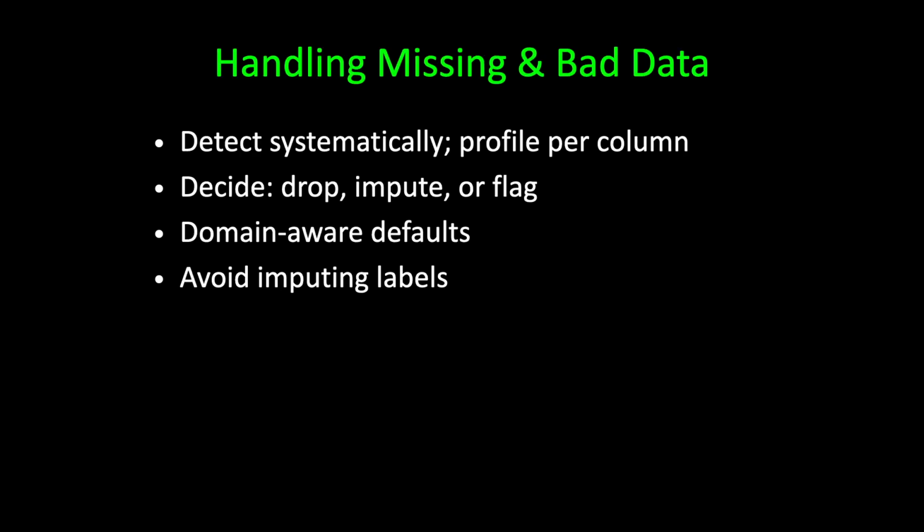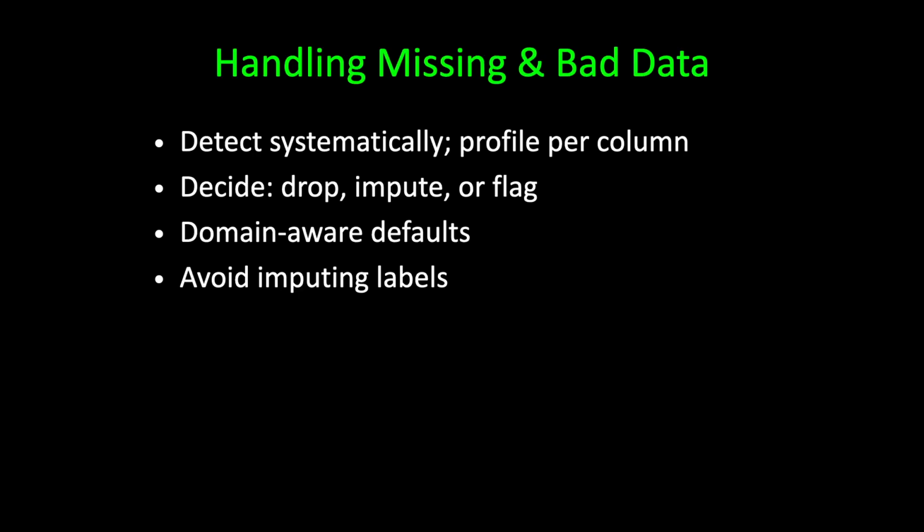Dropping is a lot of times acceptable if that loss is small and random. If we want to impute a value, we maybe want to make that constant, if 0 means 0 traffic, or we do a median or a rolling mean, which might be useful within the context of whatever data that we're missing.